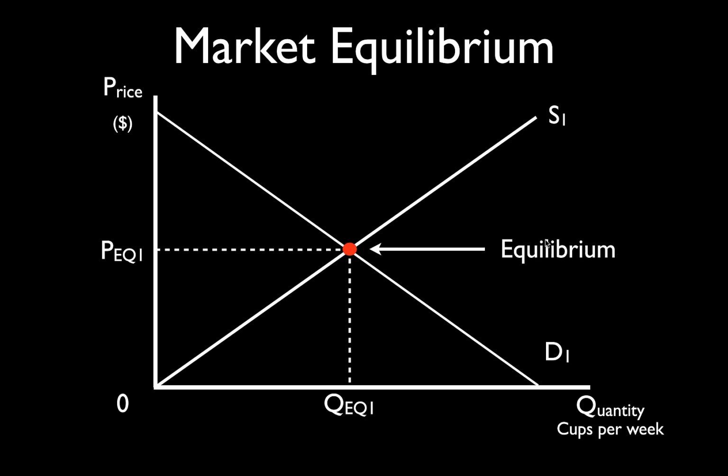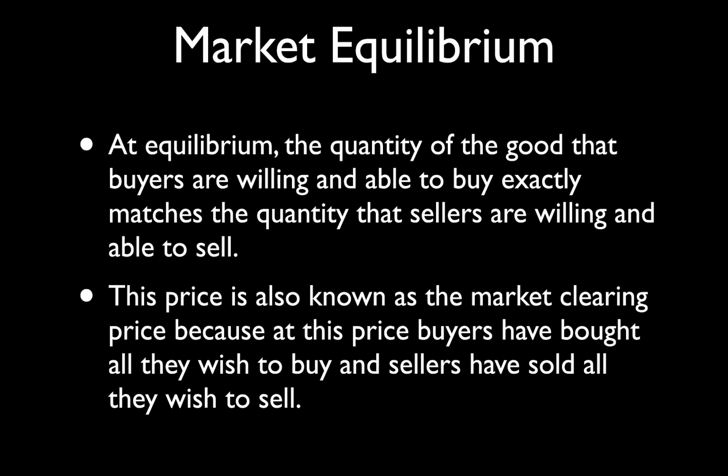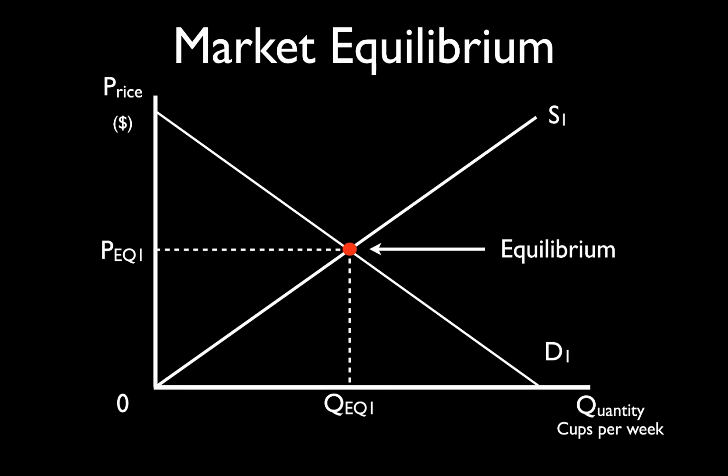And that's what we have in this scenario here. This price is known as the market clearing price because at this price, buyers have bought one steak, all they wish to buy, and sellers have sold one steak, all they wish to sell. We want them to be the same. We don't want any waste.